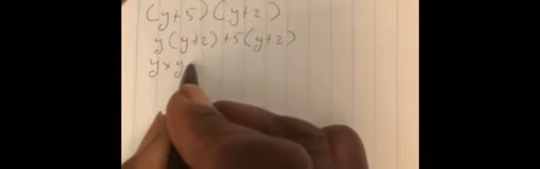You take one side of the bracket, which is y, multiplied by the second bracket, y plus 2. Then plus 5 multiplied by also the second bracket, which is y plus 2.